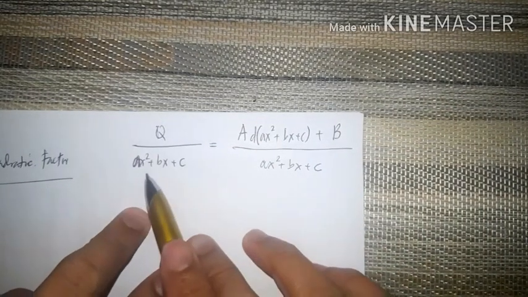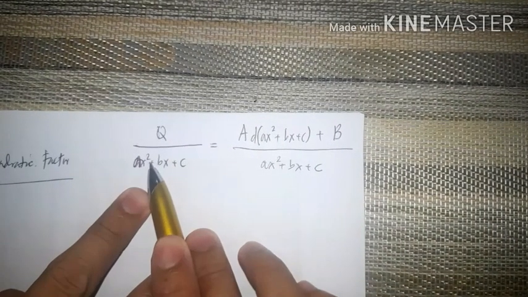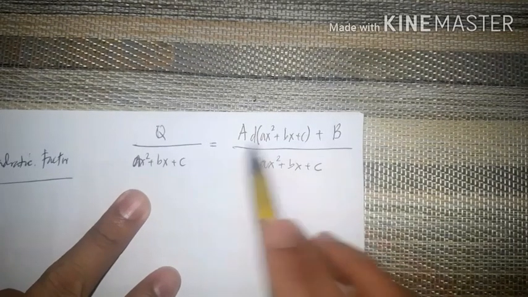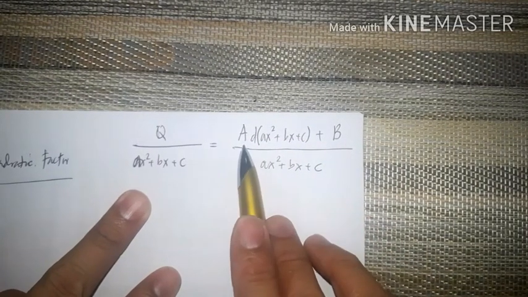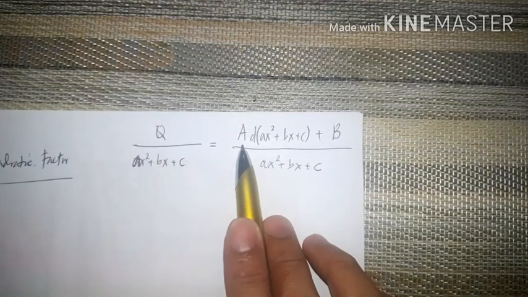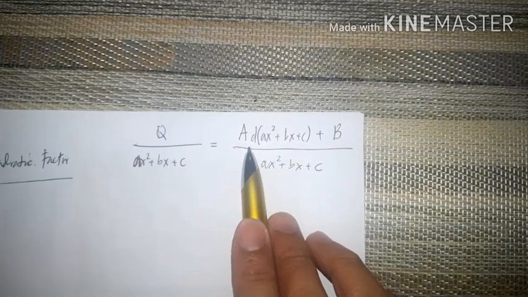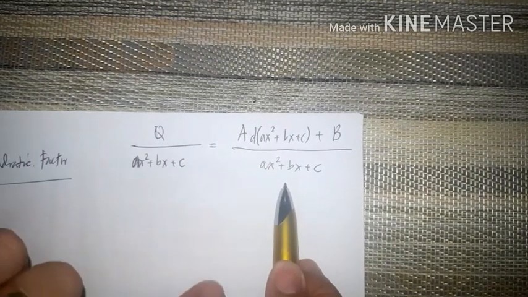Since ax squared is of degree 2, so that must be equivalent to 2 arbitrary constants, provided that the first arbitrary constant must be multiplied by the derivative of this denominator.